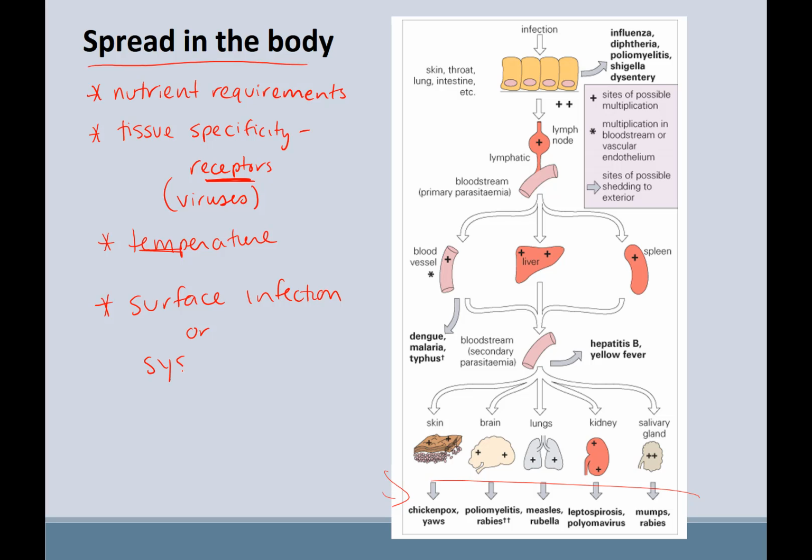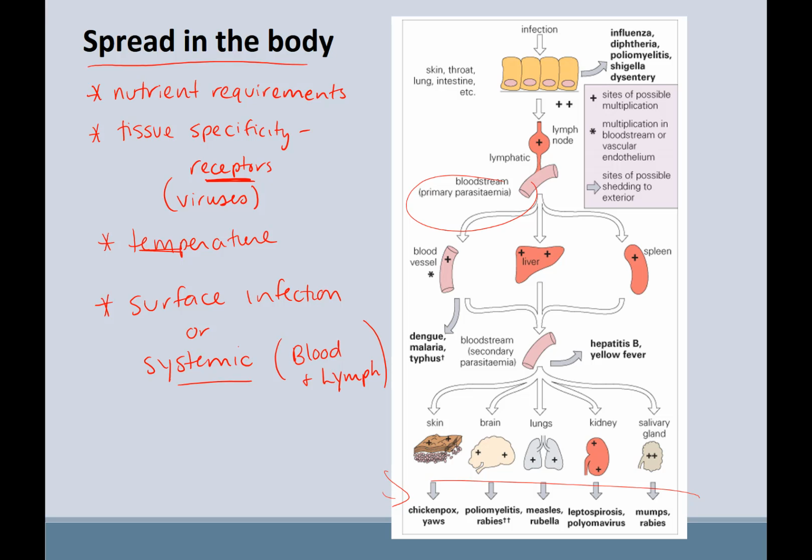Or is it something that goes systemic? So systemic we're talking more about in the blood and the lymph. Okay, so can it go all over the place and replicate?